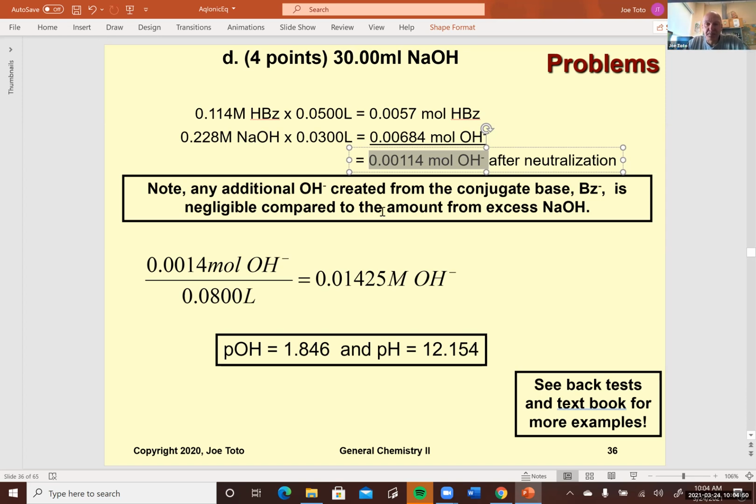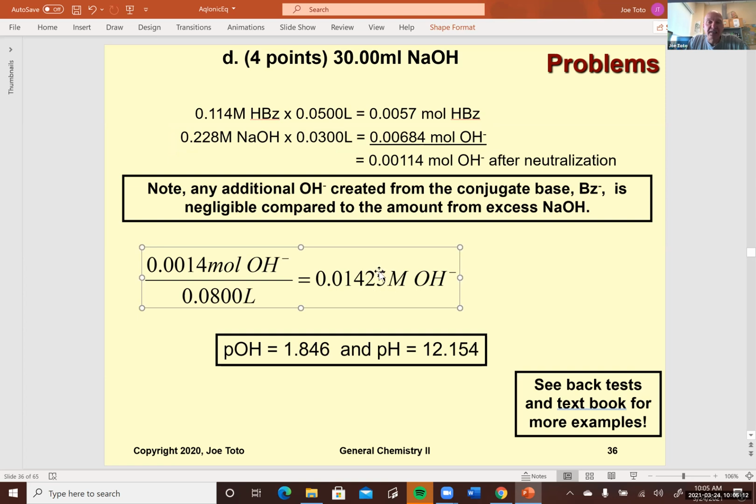So again, all I need to know is the excess hydroxide, that is the number of moles of hydroxide. I divide that by the total volume, which is the sum of the acid and the base volumes. I get its concentration right here.